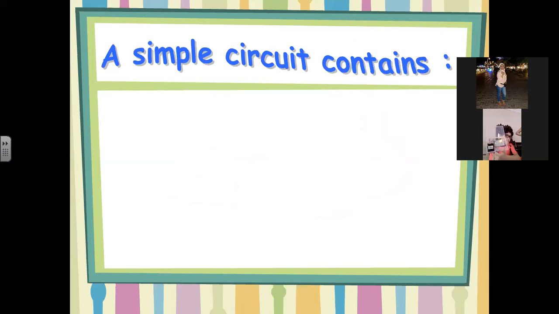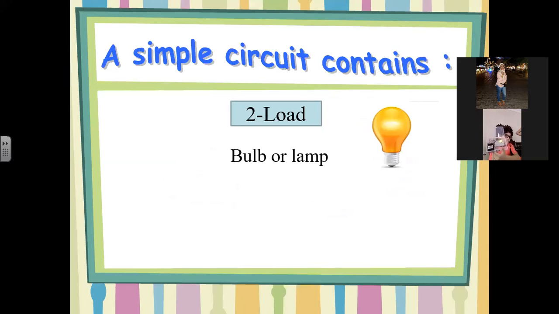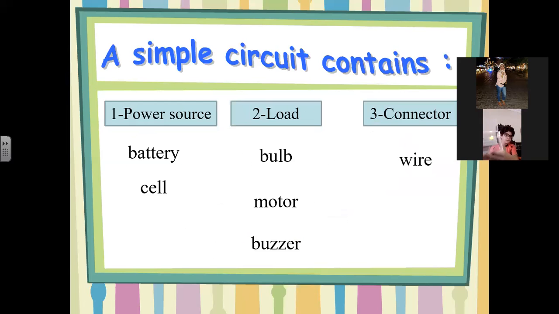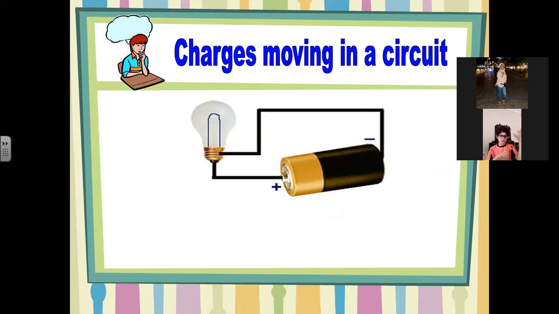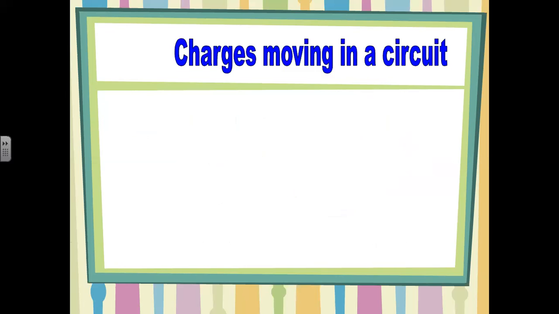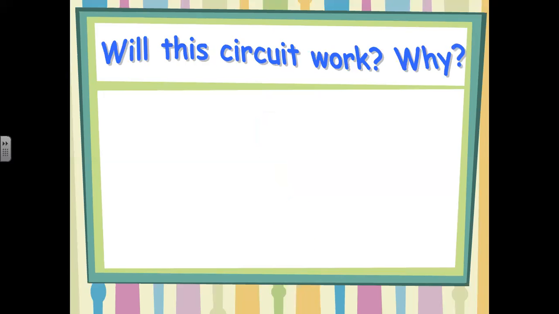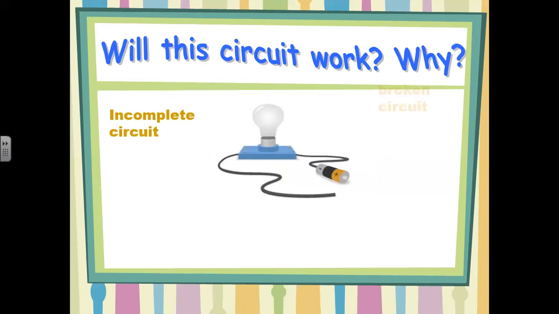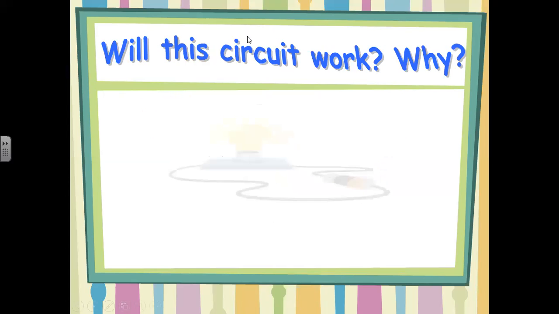Now, as I told you, this is the simple circuit. It contains those parts. And then there are other things. There are other parts that could be added to the circuit, like, for example, the switch.